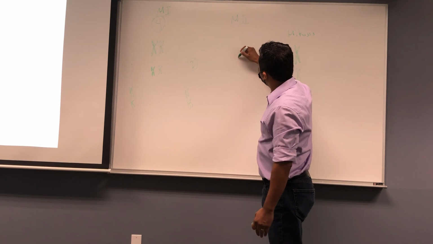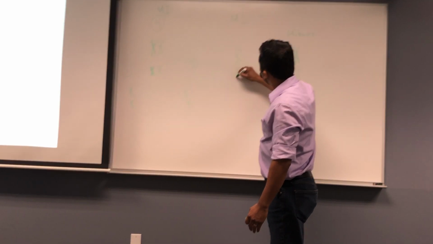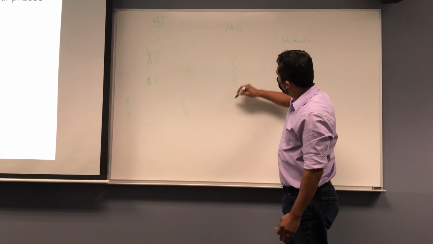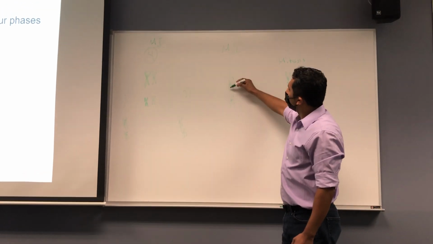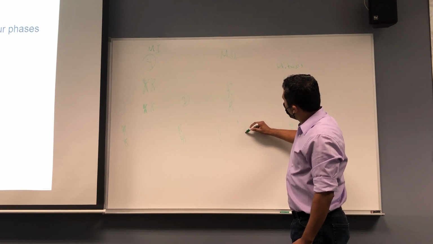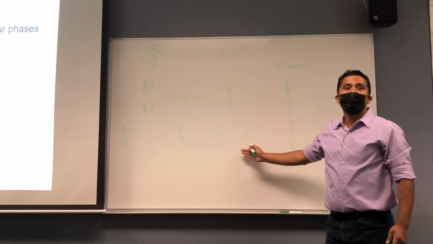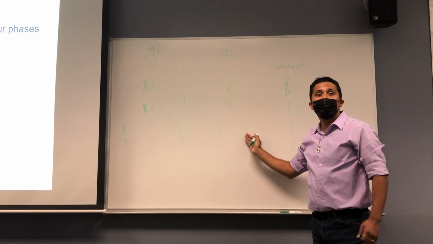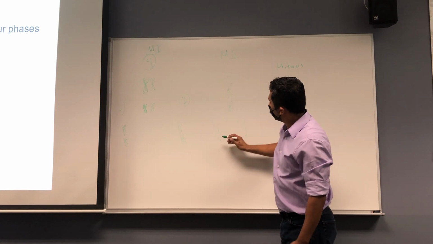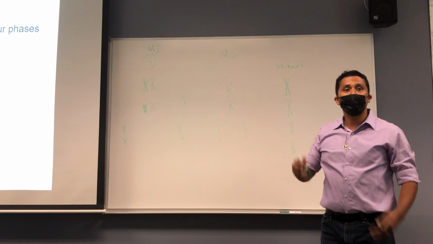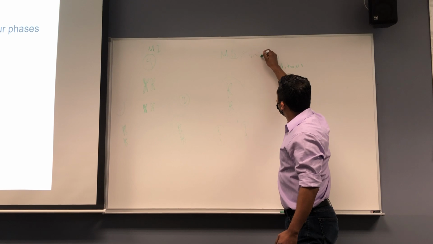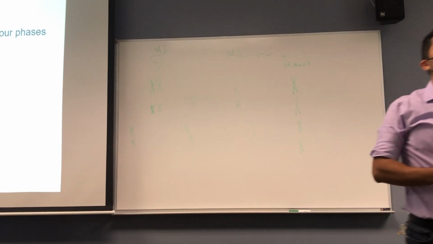Now in meiosis 2, this cell will line up in single file, and these will separate, having only these sister chromatids separate to create the haploid cells. It's equational, we know, because now here you have two chromosomes, here you have two chromosomes, here two chromosomes, here two chromosomes. So it's equational in the cell. This meiosis 2 is similar to mitosis. Yes, question? Could you use a different color?